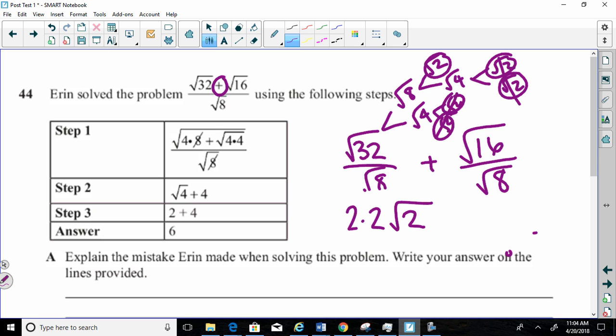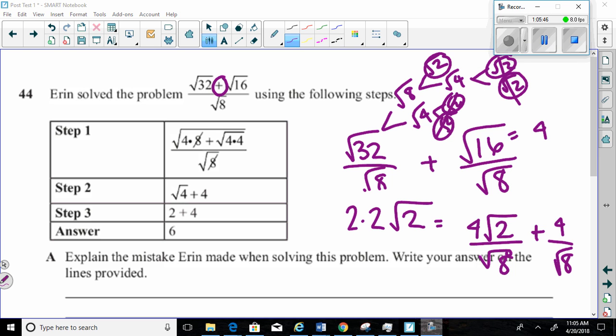And then that 2 is a loner, so you get 4 radical 2 over radical 8. Then what is the square root of 16? 4. So you get plus 4 over radical 8. And then you would have to rationalize the denominator. You're not going to have to do any of it. Okay, so I just wanted to show you just in case. What would you get?